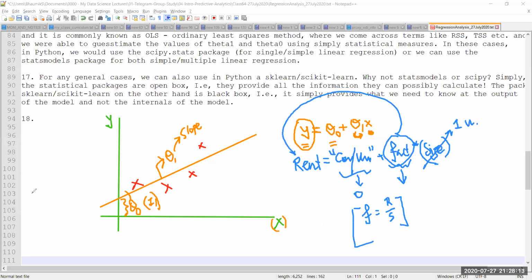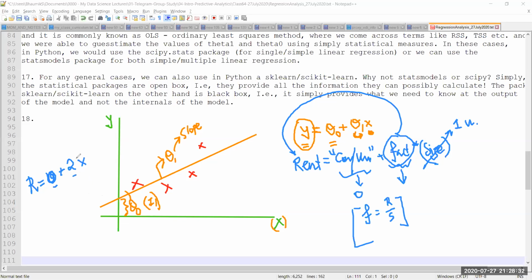If I write this down into numbers, let's say rent R is equal to some constant 0 plus 2 of size. So 0 in this case is my assumed intercept and 2 is the slope.